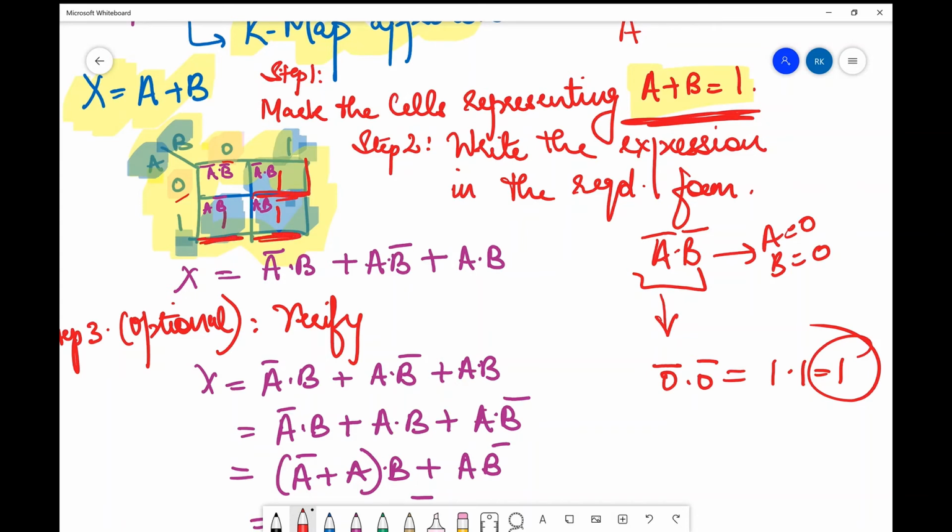So we'll come up with the logical expressions of these cells, and then we'll add them up because it is a sum of products form expression which is required.